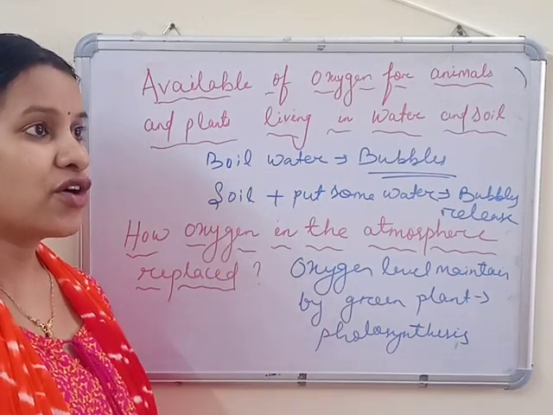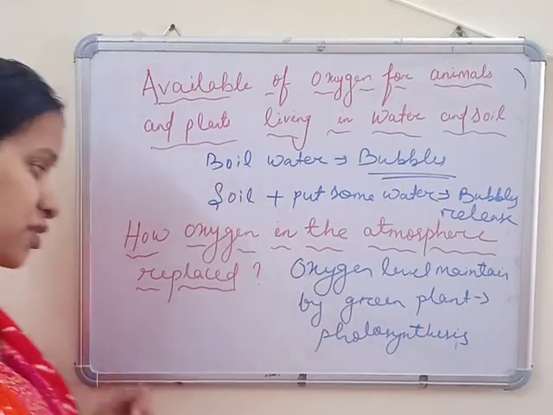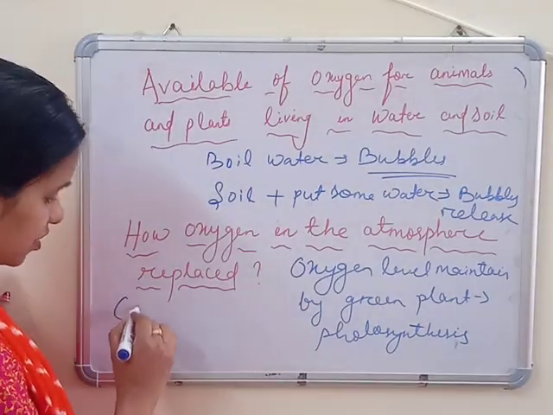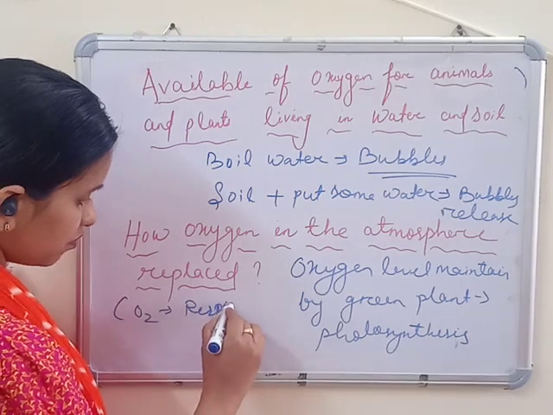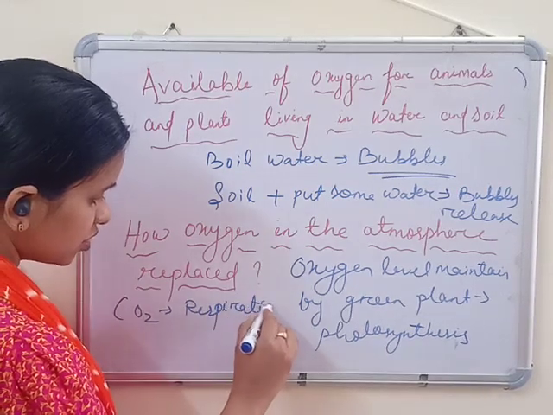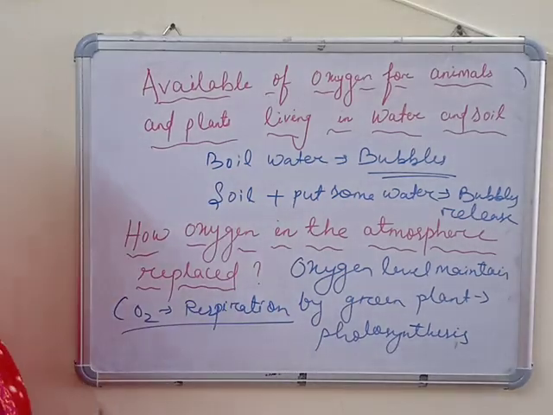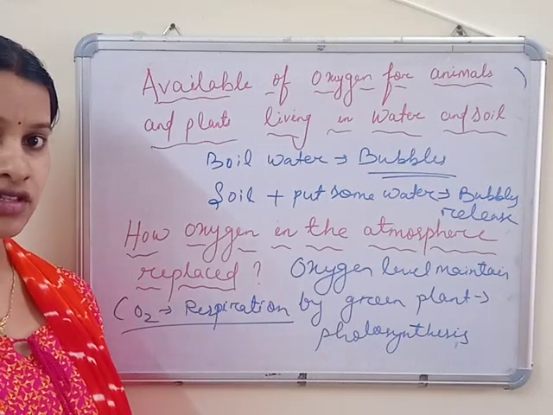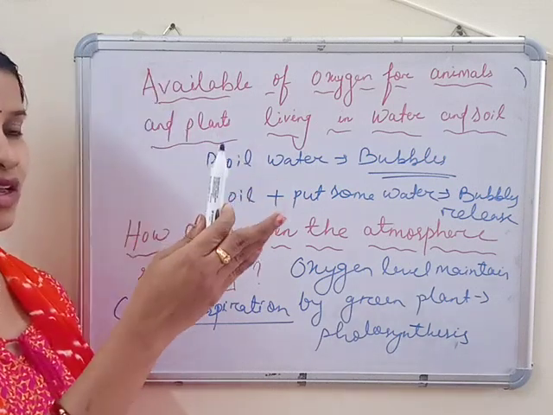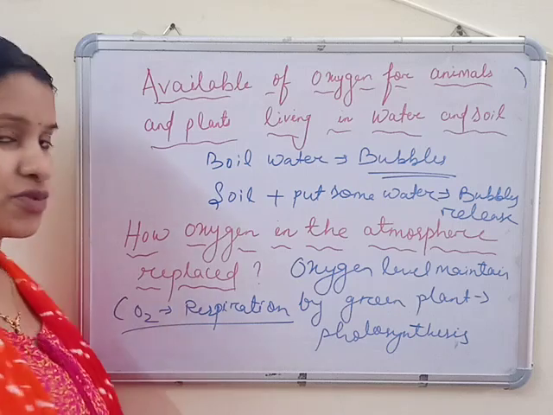After taking in oxygen, we give out carbon dioxide by the process of respiration. So carbon dioxide goes to the air by respiration, and by this process the carbon dioxide level is maintained. Carbon dioxide is also required by plants for photosynthesis, and also required to maintain the constancy of the air. So all this is done by the respiration process.